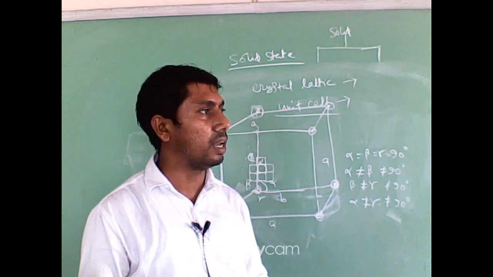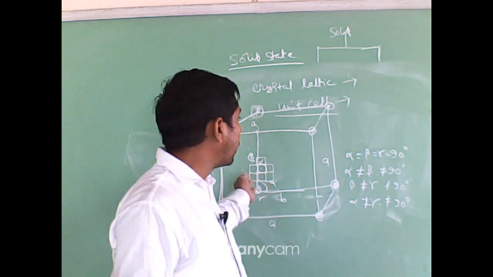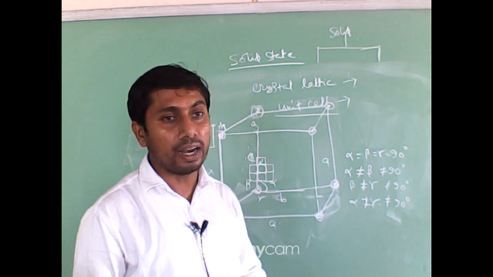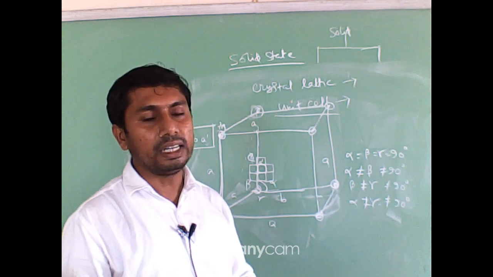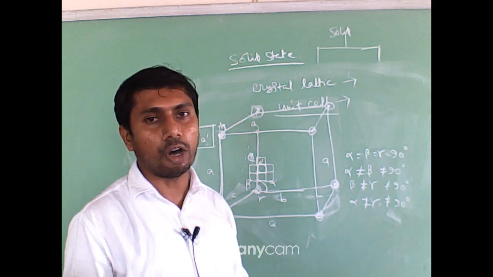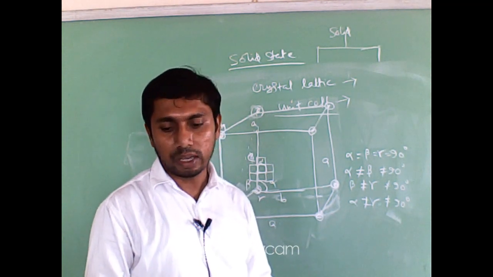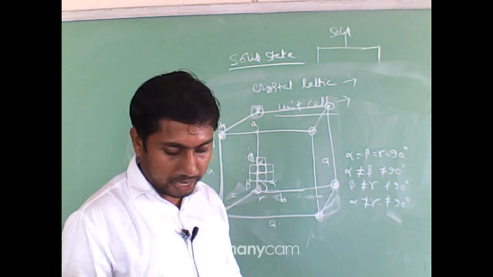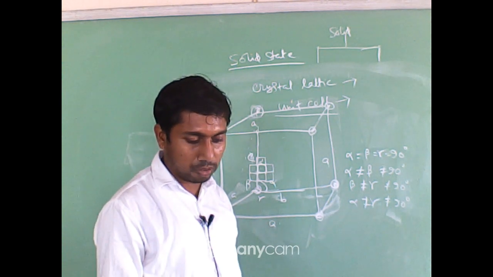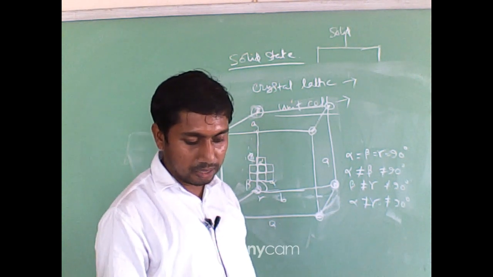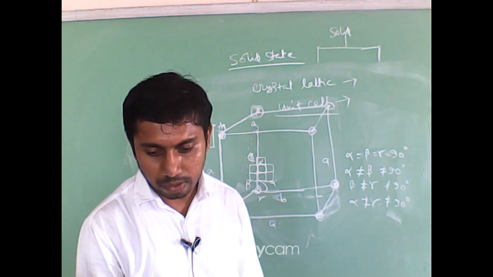The unit cell also gives you the bond angles present in the crystal, and also identifies which kind of crystal this is, which kind of Bravais lattice. Okay. So, that is all for today. Next class we will discuss the primitive cell and centered unit cell.